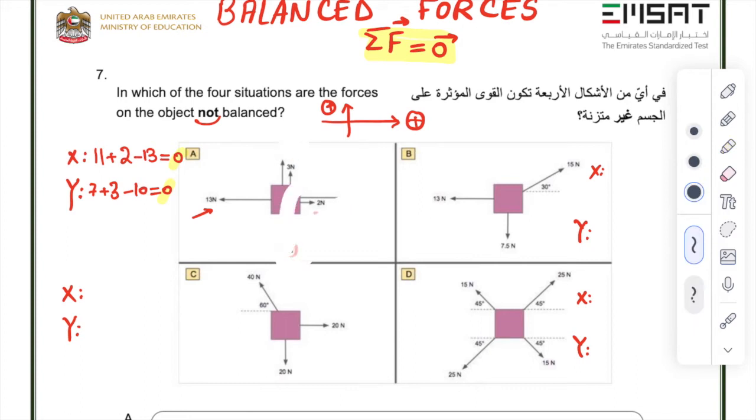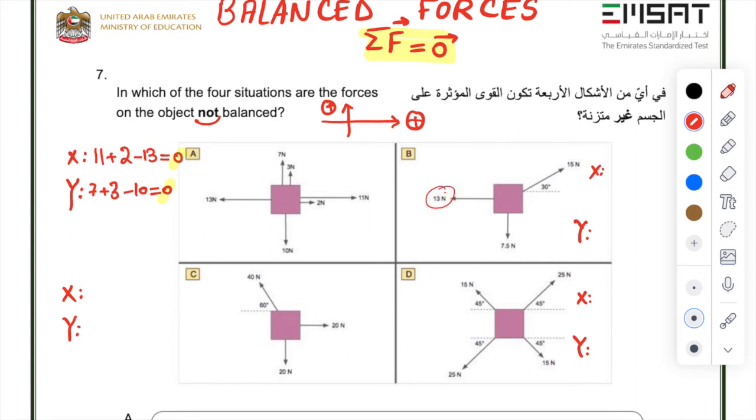Let's move to B. In B, I have downward 7.5, to the left 13, and along the 30 degrees with the horizontal, I have 15 Newton.